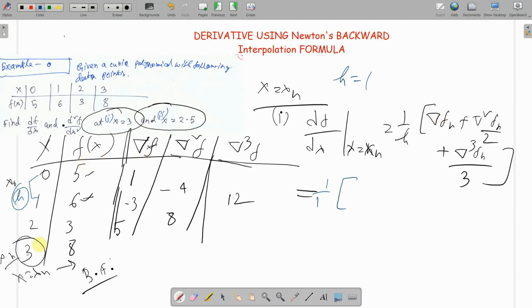So I asked that at 3 you have to find out. So you will be marking this: 5, minus 4 and 12. I couldn't write it properly. Sorry, 5, 8, 12.